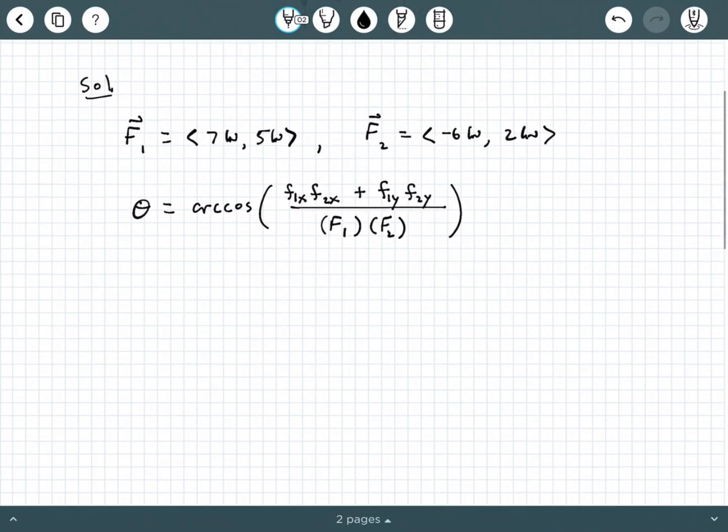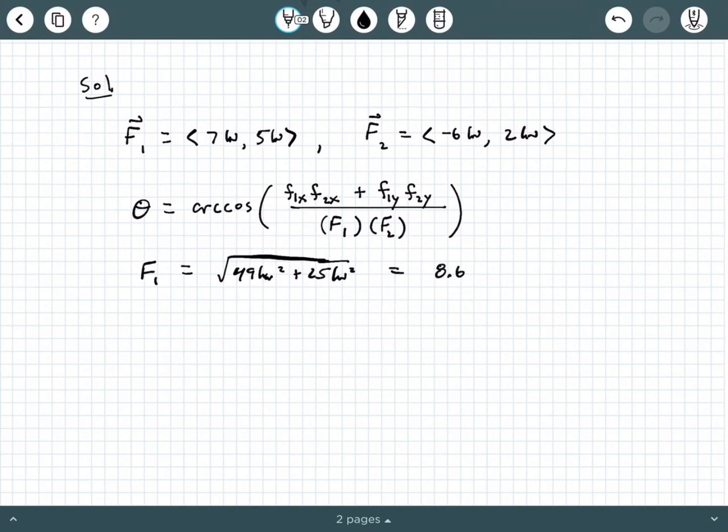Let's go ahead and get the magnitudes. What's the magnitude of f1 going to be equal to? Simply the square root of 49 kilonewtons squared plus 25 kilonewtons squared.